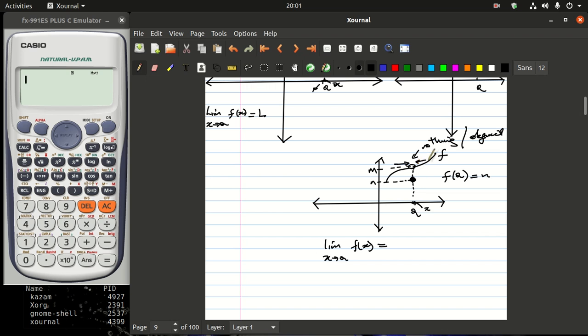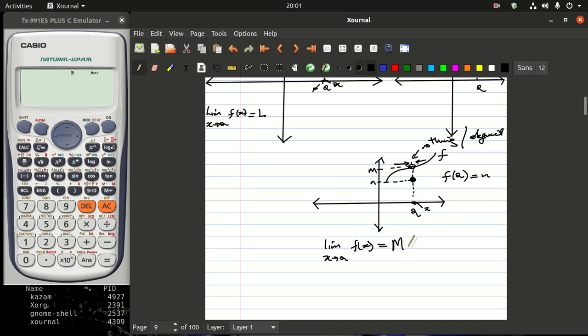This function is getting closer and closer to here. As you can see, the value that we're getting closer and closer to is m. So the limit as x approaches a of f of x is equal to m.